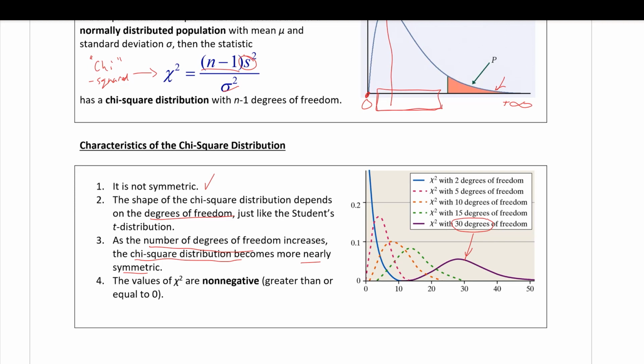And everything else, the peak is a little bit further to the left. The one weird one is where we have degrees of freedom 2. It doesn't actually start at 0 like all the other ones. Everyone else starts from 0, 0. But the one with the degrees of freedom 2 is kind of a weird one. And then again, the values of chi-squared are all non-negative, meaning that they're greater than or equal to 0.